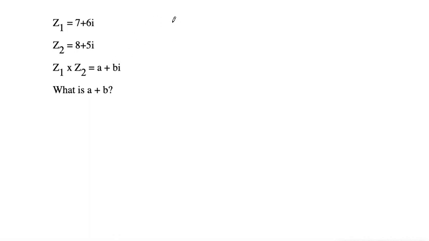So multiplying z1, which is 7 plus 6i, with z2, which is 8 plus 5i. Because we're multiplying binomials, we need to FOIL this out, or multiply all the terms in the first parentheses by all the terms in the second parentheses.